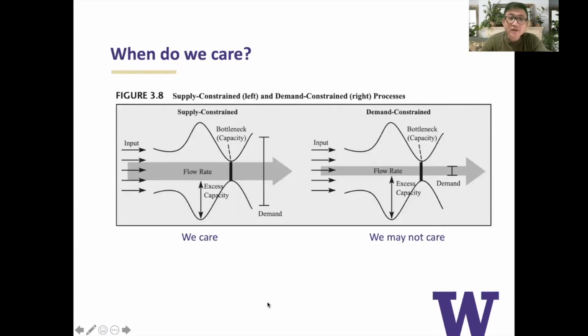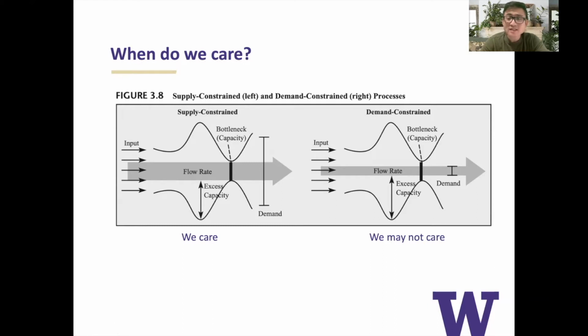So let's take a look at figure 3.8 first. This is the figure from the textbook, and I'm using this figure because I find it very useful for us to understand what a bottleneck is. So for a single flow unit type, the bottleneck is defined by the resource that has the lowest capacity.